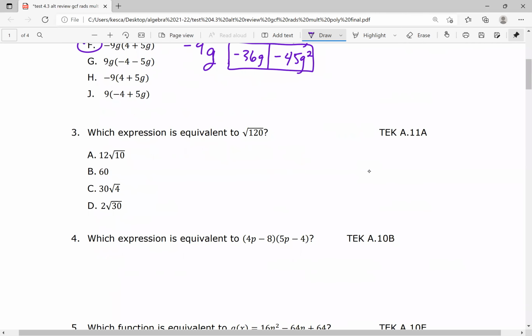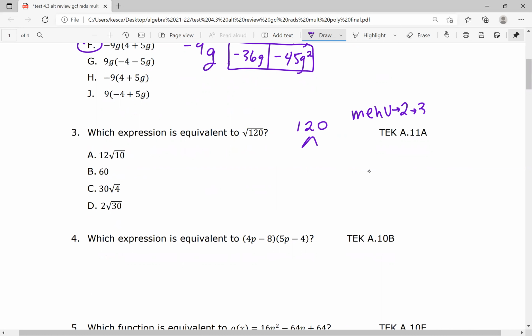All right, next thing here, which expression is equivalent to the square root of 120? Okay, guys, here we go. So remember, you got to take your number inside, 120, and remember that we use the calculator. You go menu 2, 3, okay?